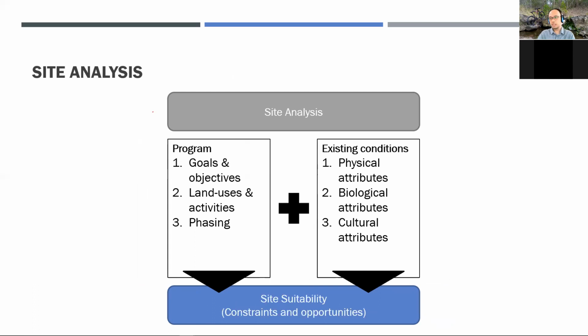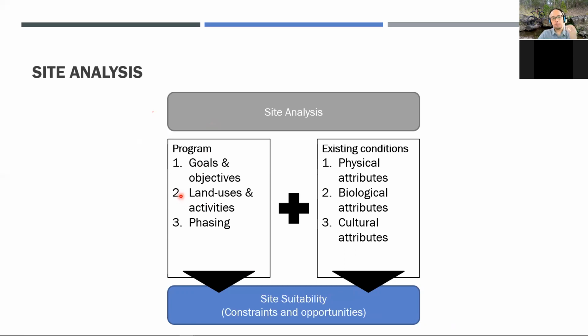And a site analysis itself consists of two main components. The program itself. What are you going to build? What are your goals and objectives? What sort of land uses and activities are you going to introduce?